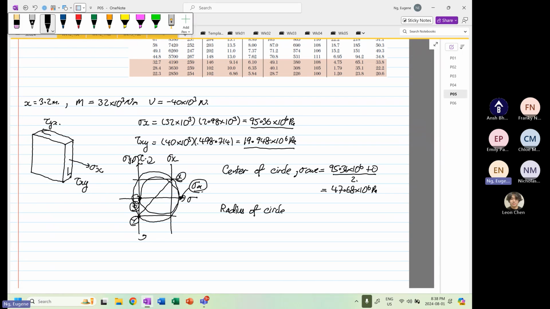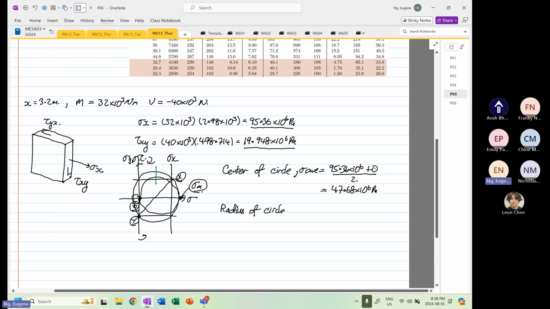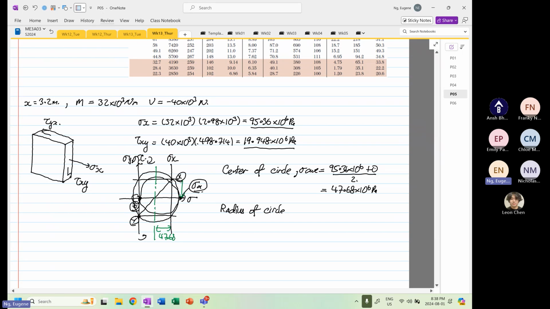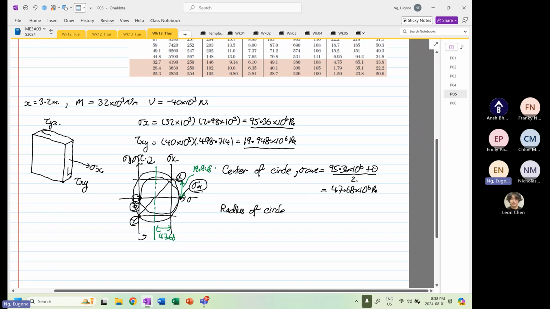What we have identified now, if some of you are not sure, is that this distance from here to here is 47.68. We know our shear is equal to 19.948.